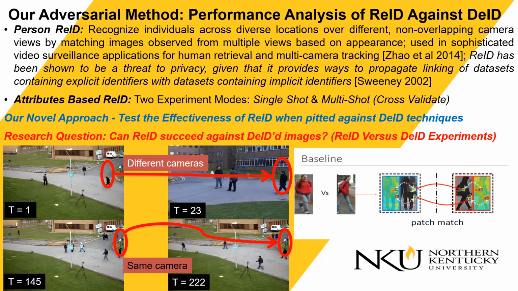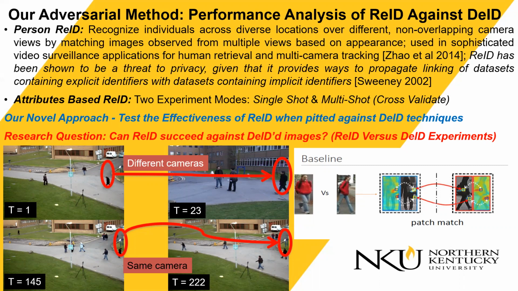The paper we have focused on for this research is the work on low-level re-identification, which is appearance-based ReID by Zhao et al. from 2014, already cited in this work. This work has done attribute-based ReID in two experimental modes, namely single shot and multiple shot.